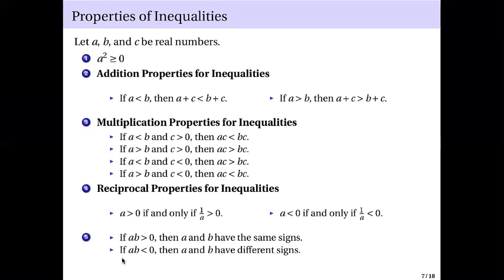And then the other one, if the product is negative, if AB is less than 0, then A and B have different signs. One of them must be positive and the other must be negative. So if the product is negative, then the two factors must have different signs.